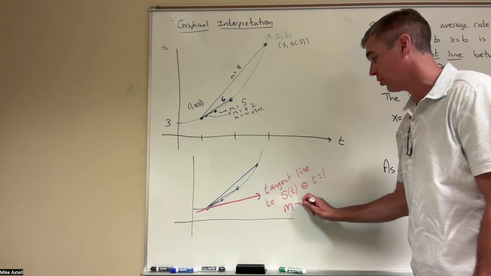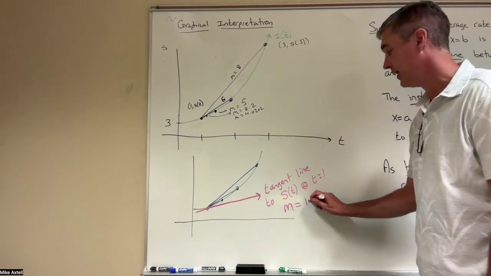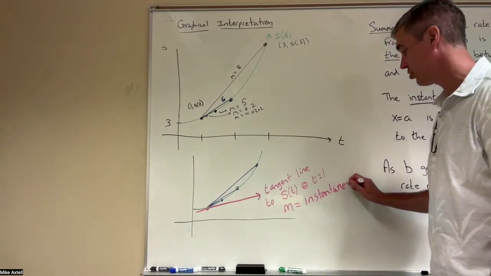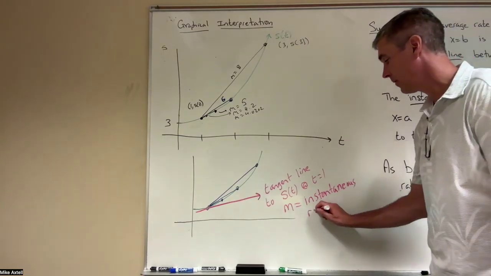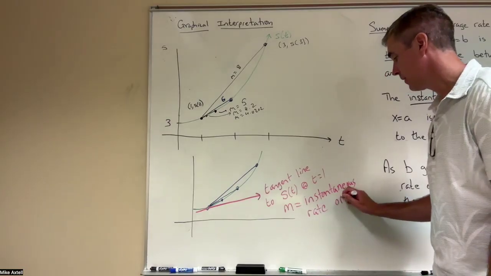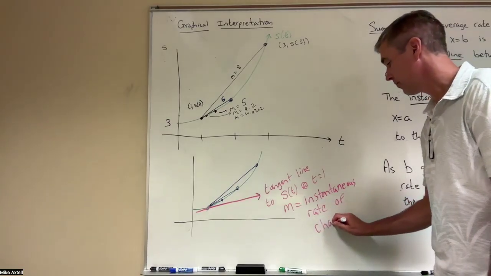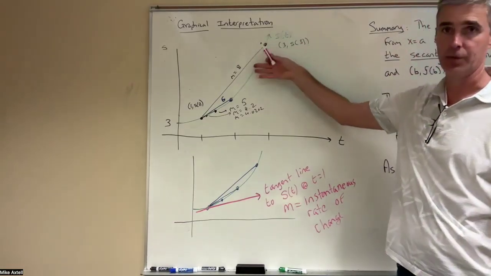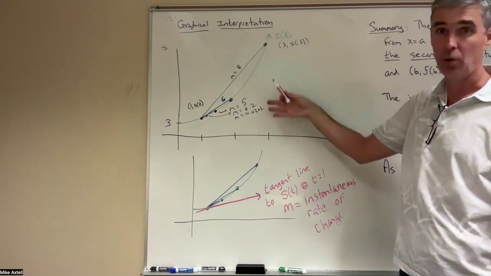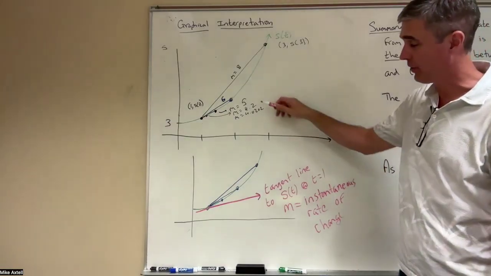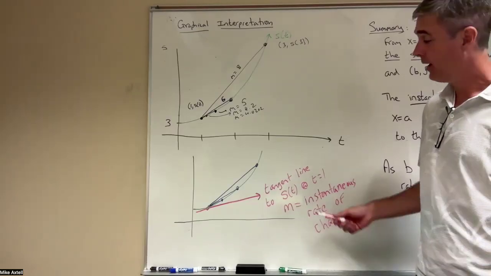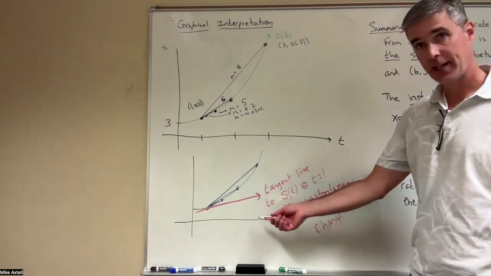And I call the slope of that tangent line the instantaneous rate of change. So the average rates of change were the slopes of the secant lines. And my goal in the next few weeks is going to be to try and figure out the instantaneous rate of change of my function. And that's going to be the slope of this tangent line.